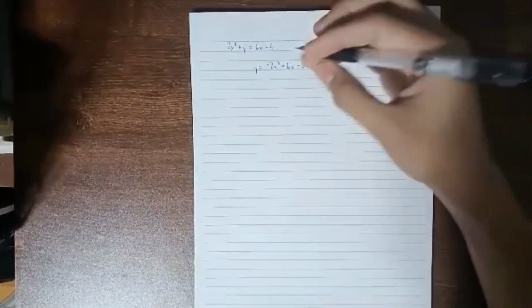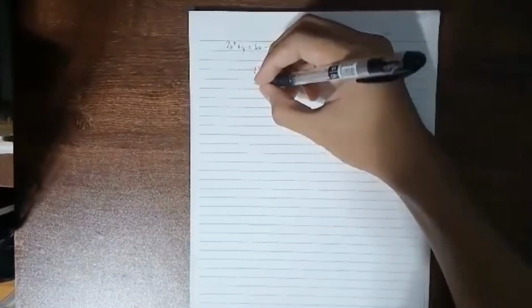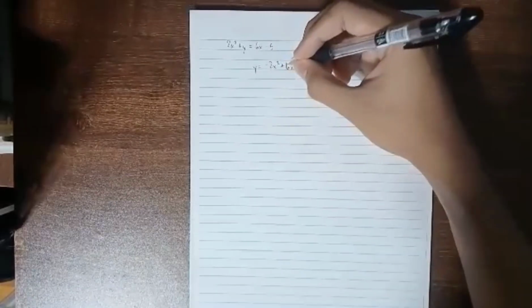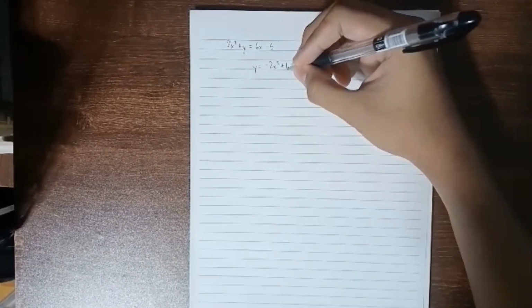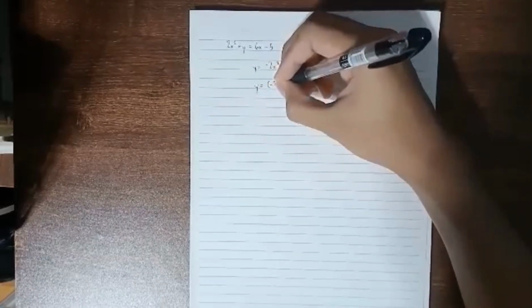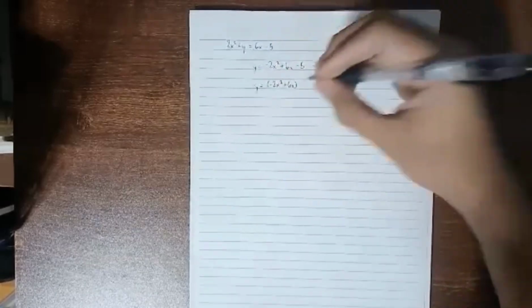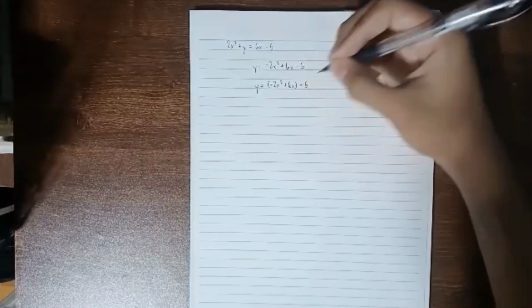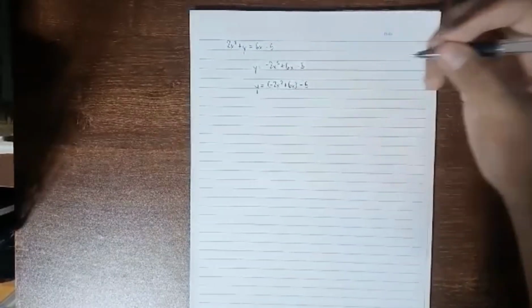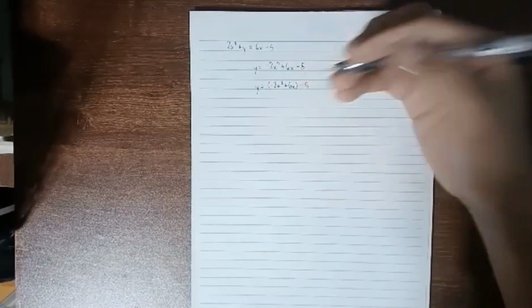So the next thing that we are going to do is group all terms that have an x. So we're going to group negative 2x squared and positive 6x, put them into negative 2x squared plus 6x, and leave out negative 5 outside because negative 5 doesn't have an x. Next, we are going to factor out a.